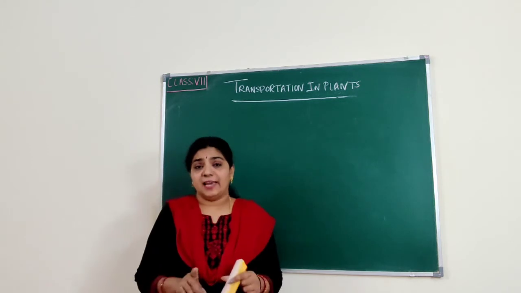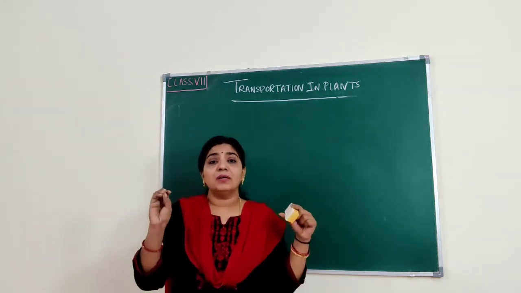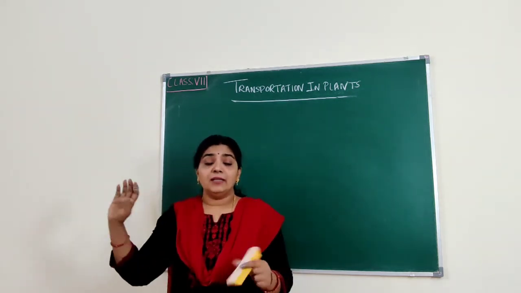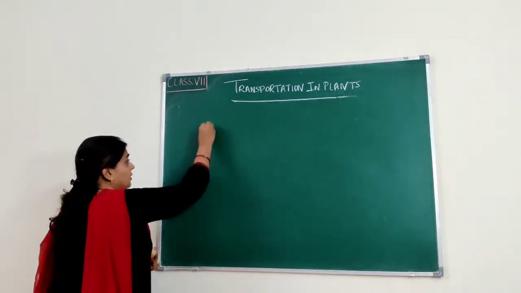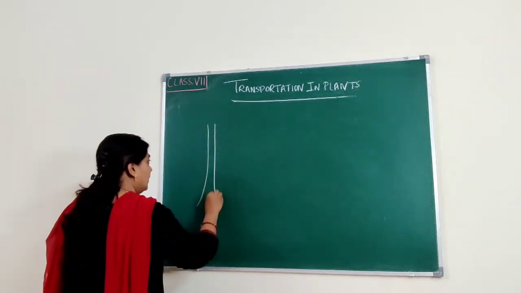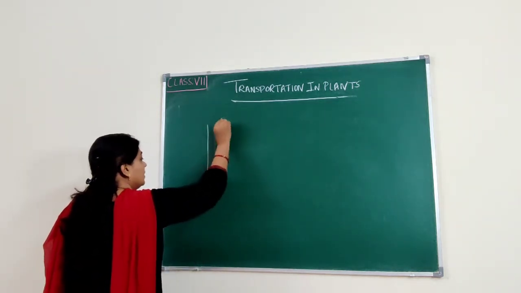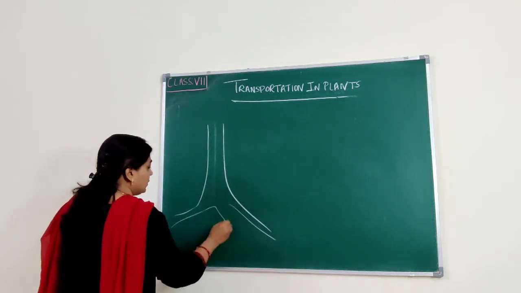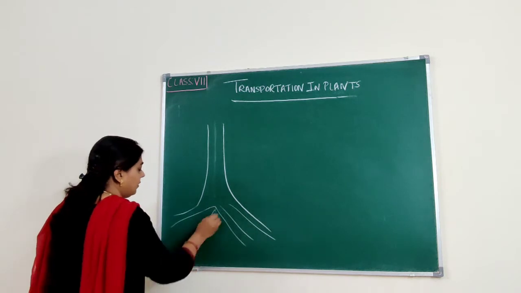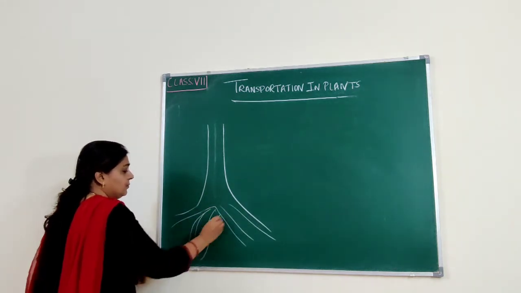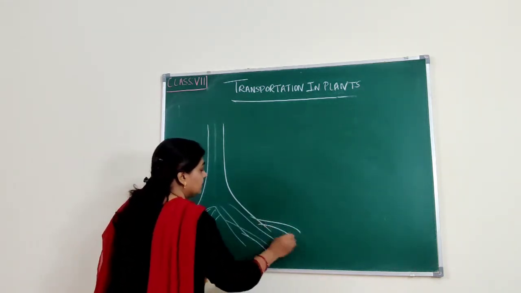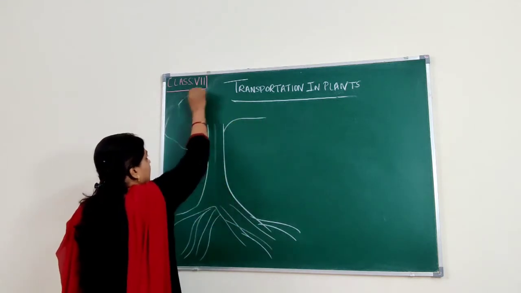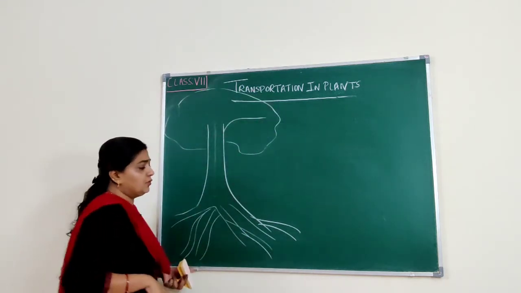So how is it carried? How does the water from the root reach the leaves? See, if this is a tree, okay, and it will have several roots. So we know that very well. It will have roots, okay, and the leaves, right?